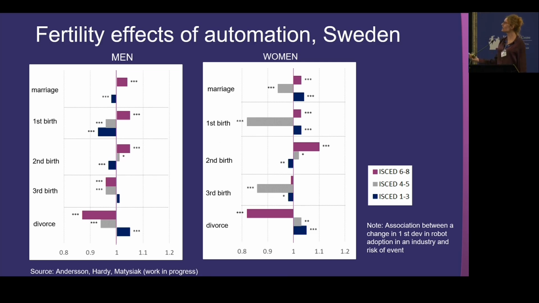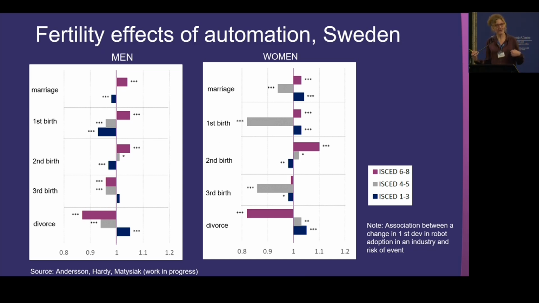We can see that workers who are highly educated and who work in sectors where robotization is increasing, this increase in robotization is positively associated with their marriage risks, positively associated with the first and second birth risks, and negatively associated with the divorce risks.